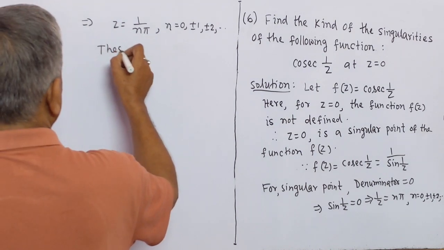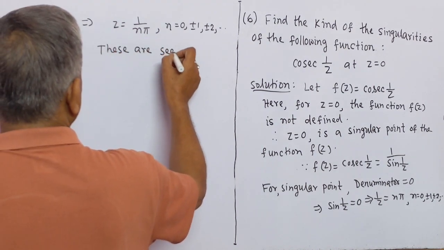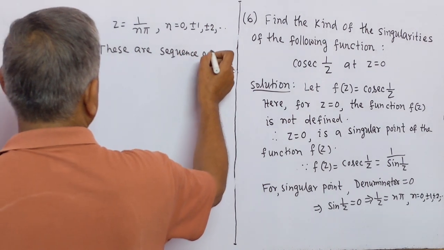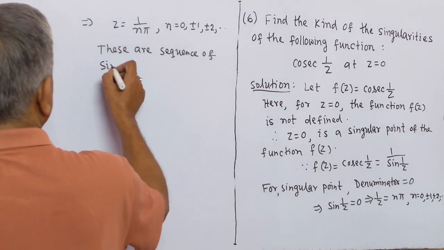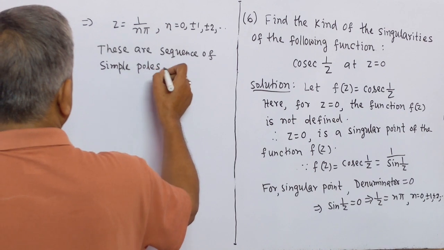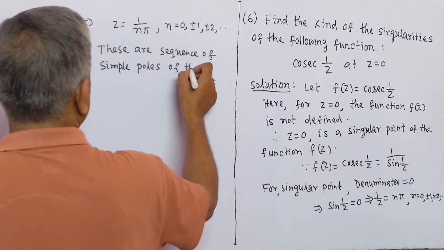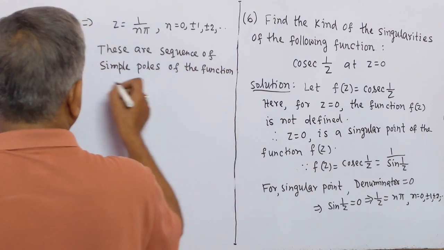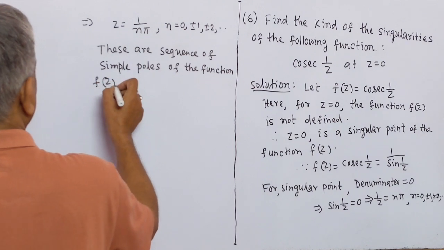These are a sequence of simple poles of the function f(z).